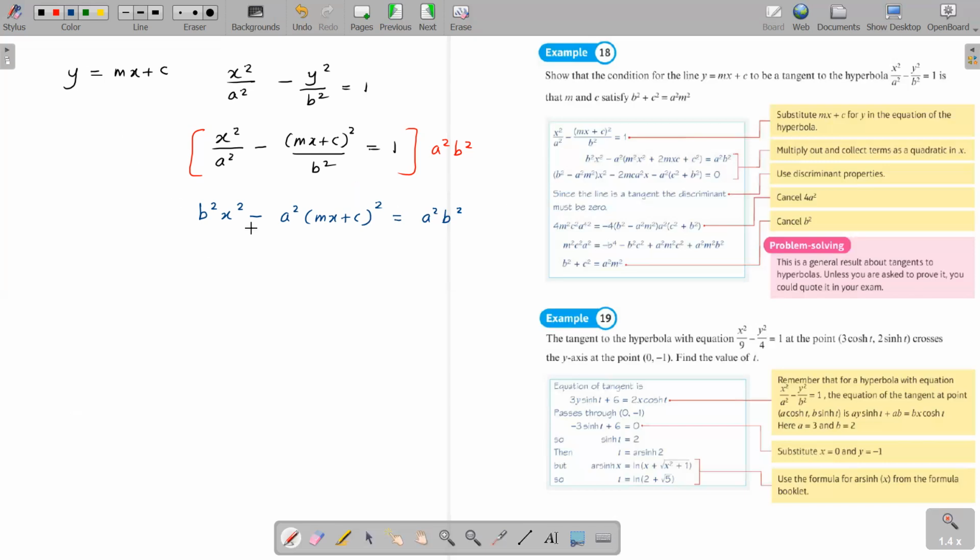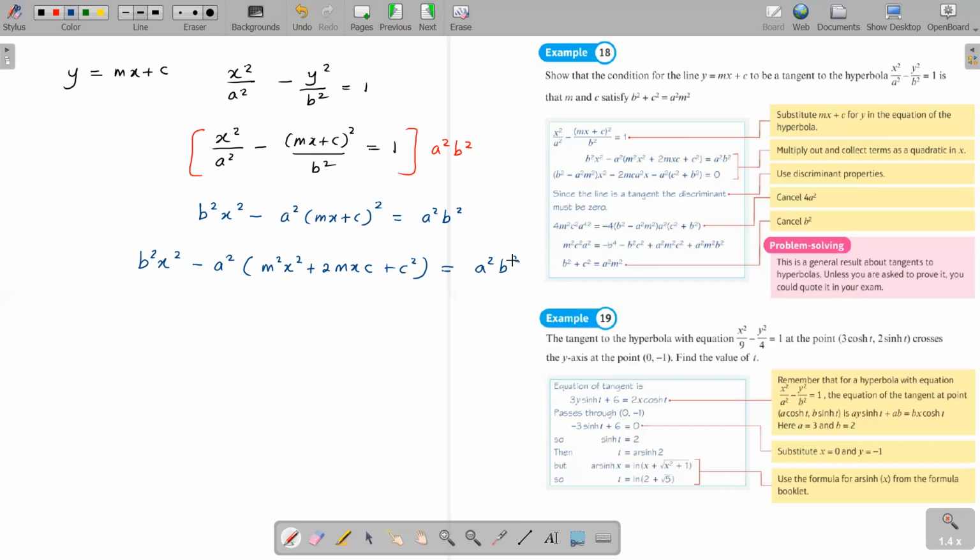Right. So now let's open the bracket. B square x square minus a square times (mx plus c) whole thing square, which is m square x square plus 2mxc plus c square. I open the power. Okay, now let's open the whole thing and separate the x square terms, x terms and the constant terms, making this into a quadratic equation because a, b, c and m are all constants.